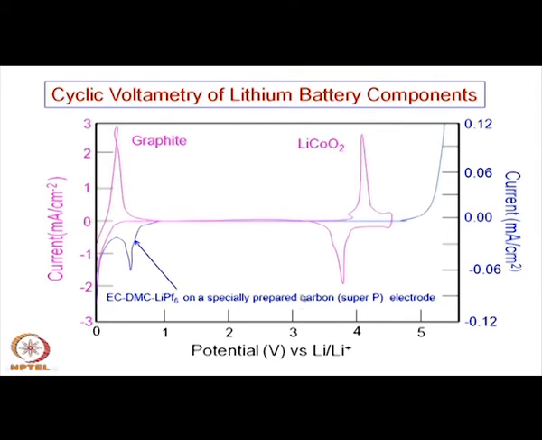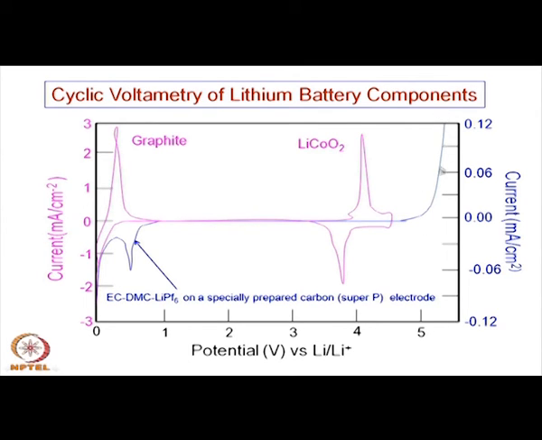Now, there are two curves. This blue curve is for the organic electrolyte. There is one peak here, and then no other phenomena, and it decomposes at a higher voltage. When we apply a very high voltage, more than 5 volts, it gets decomposed.